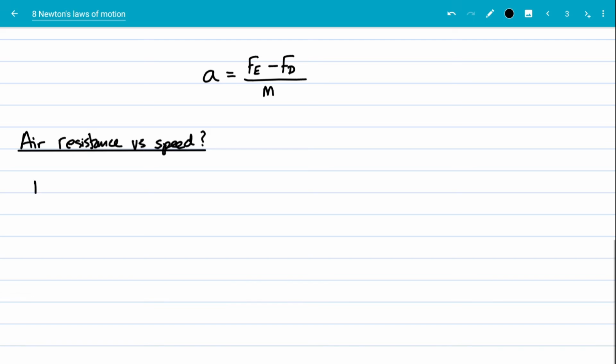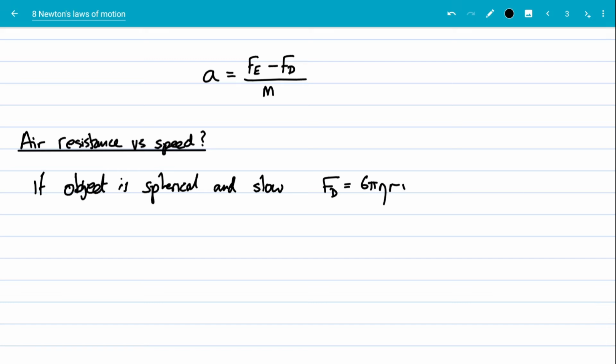So if the object is spherical and slowly moving, then we could say that the drag force is equal to 6 pi eta R V. This is Stokes' law. There's a lot of parts to this equation.